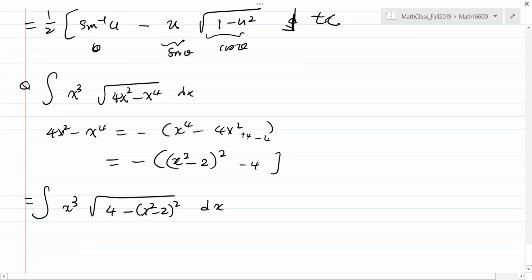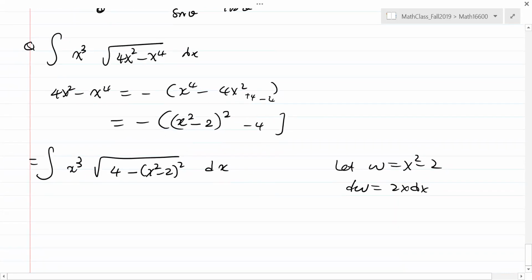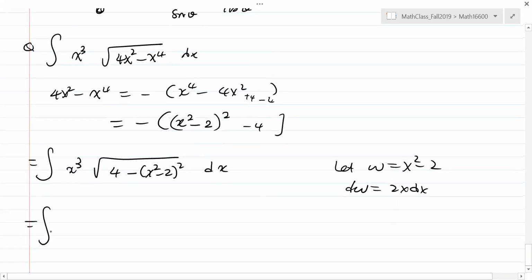Looks much better. Then I have to use substitution. I let w be x squared minus 2. What I get is dw equals 2x dx. That's fine. So I have an x cubed. So x cubed is x squared times x, right?